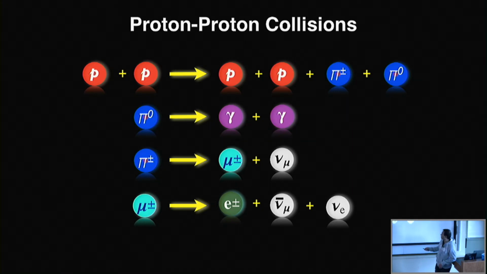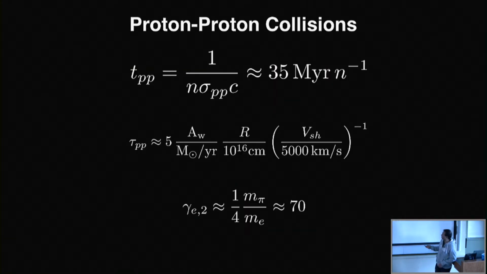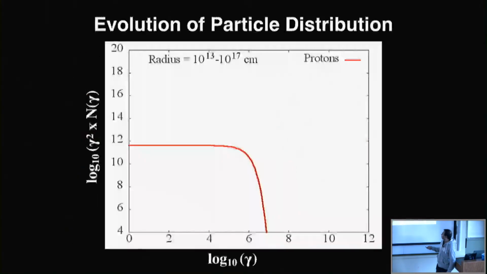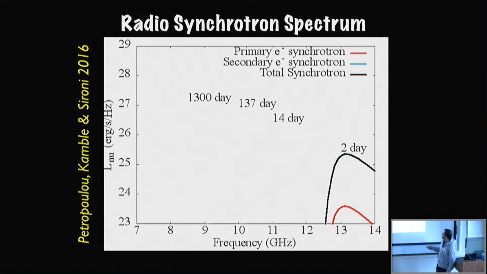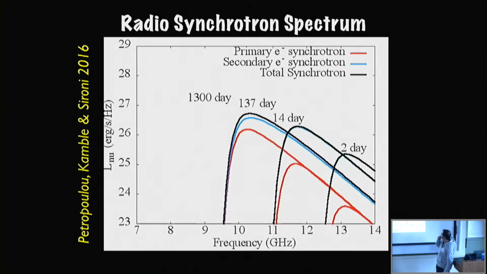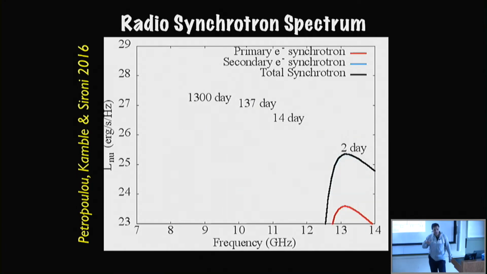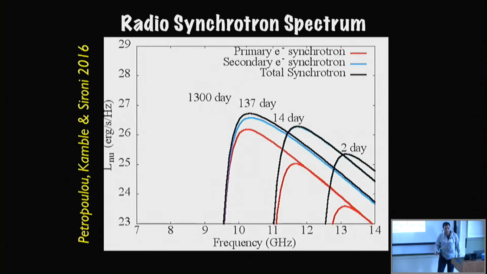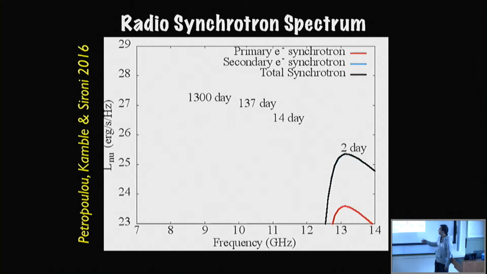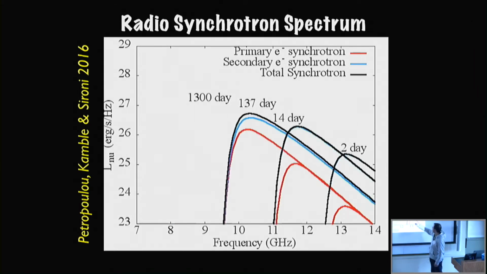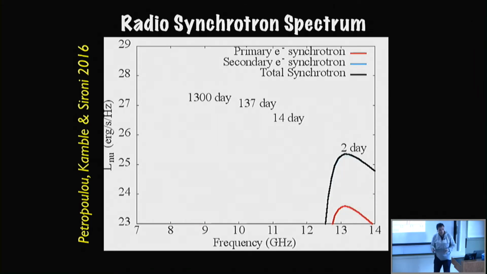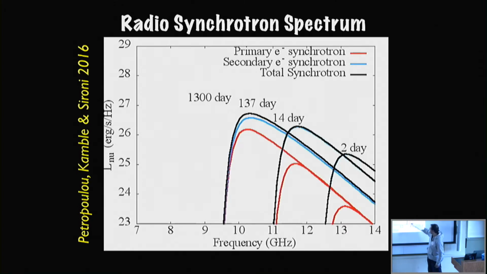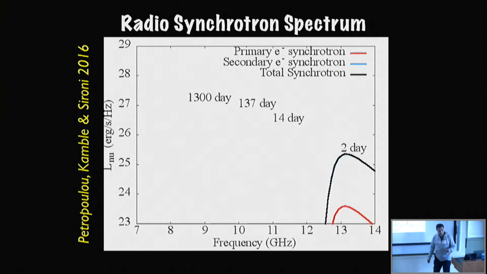Now, I'll not go through the details of this calculation, but I'll show you a result. So here, we did a detailed calculation of if you actually have the secondary electrons, can we see them? And what is shown here is the red curve, the synchrotron spectrum from the primary electrons.